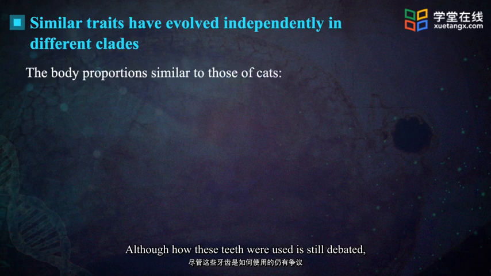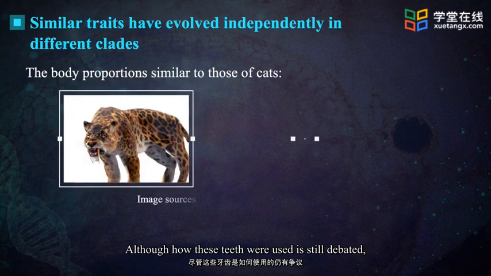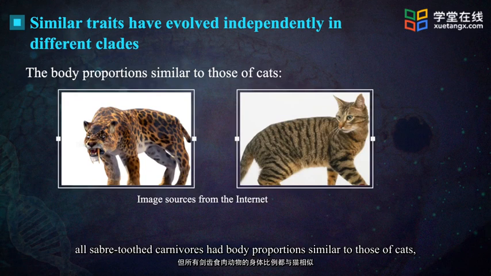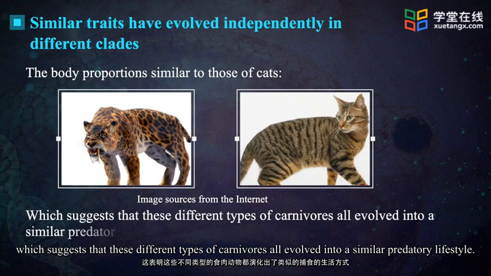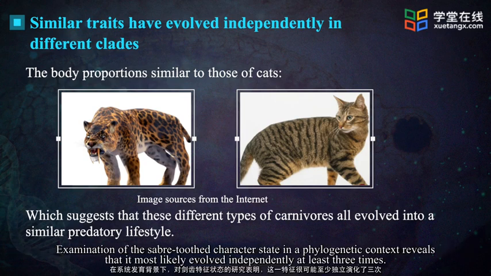Although how these teeth were used is still debated, all saber-toothed carnivores had body proportions similar to those of cats, which suggests that these different types of carnivores all evolved into a similar predatory lifestyle. Examination of the saber-toothed character state in a phylogenetic context reveals that it most likely evolved independently at least 3 times.